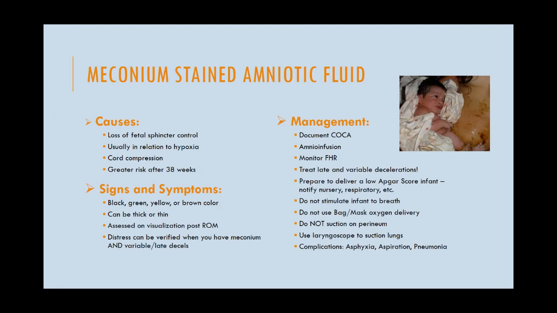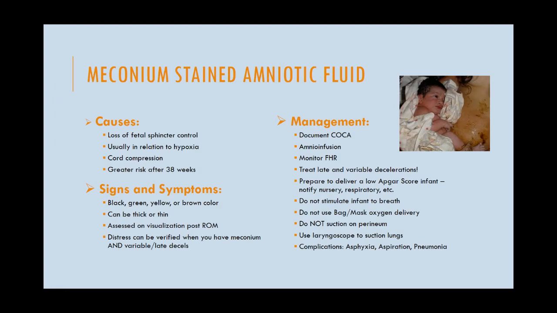Also, remember, the placenta starts to age out at a certain point in mom's gestation. So those moms who are post-term, those babies have more of a chance of ending up with a hypoxic insult because the placenta just doesn't perfuse like it normally would.